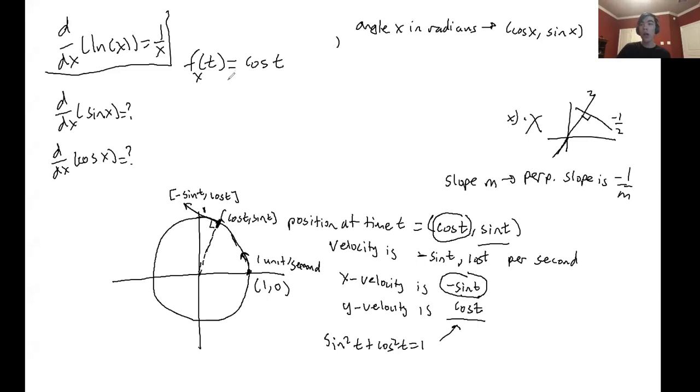But when I say velocity or speed, what that actually means is rate of change. That's what speed is, right? How fast you change in a specific time, which is negative sine t. It turns out that this rate of change is exactly your definition of a derivative.